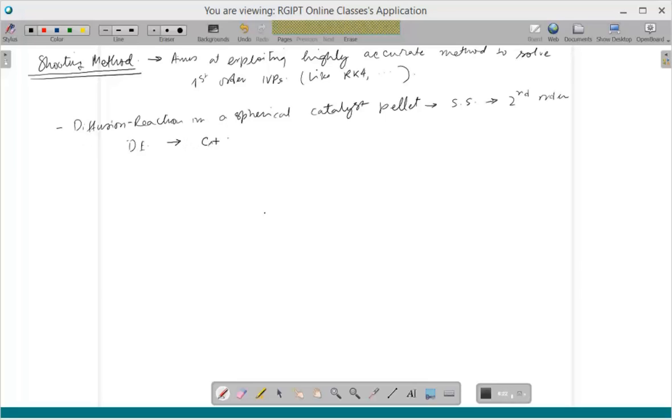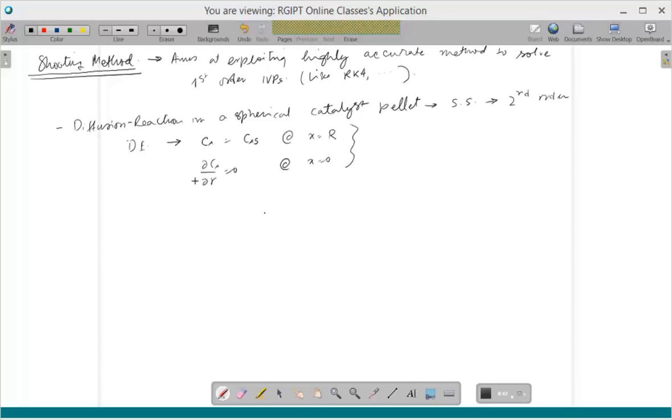Here the boundary conditions were Ca equal to some Ca at the surface, at x equal to capital R, and del Ca by del R equal to 0 at x equal to 0.